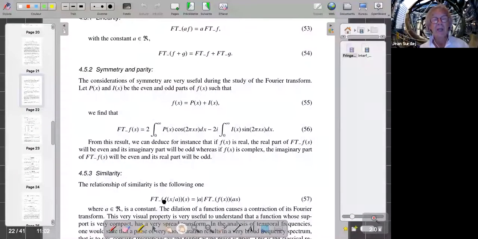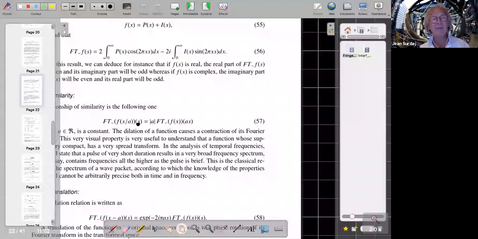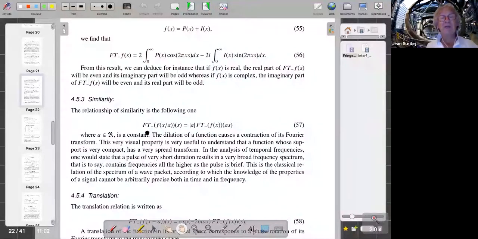Now, another important property is the similarity property. Namely, the Fourier transform of a function which depends on x divided by the real constant a.